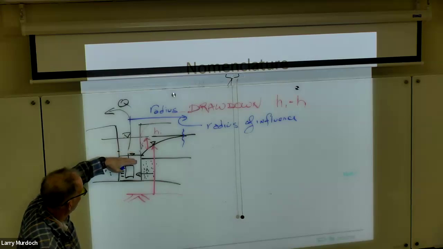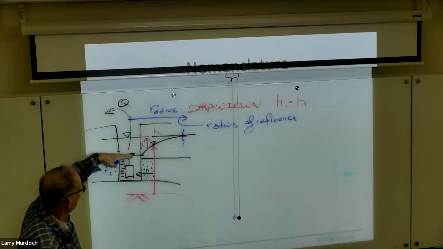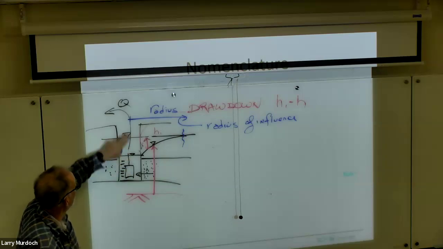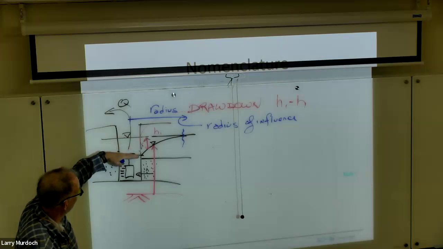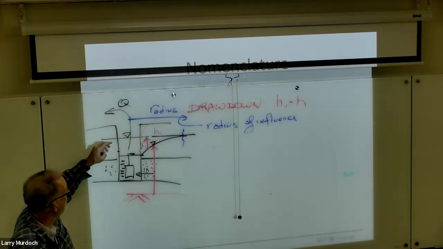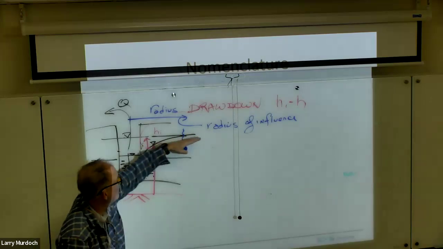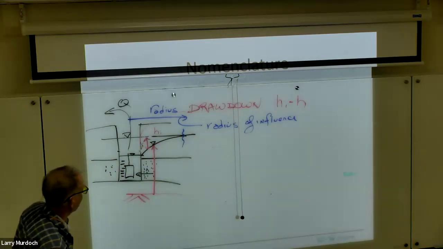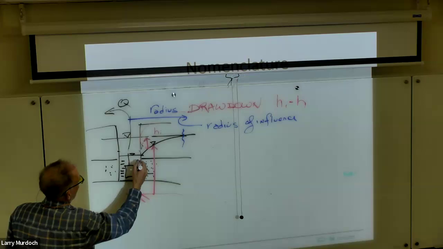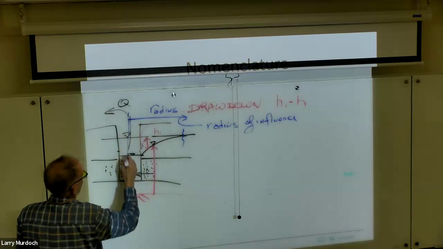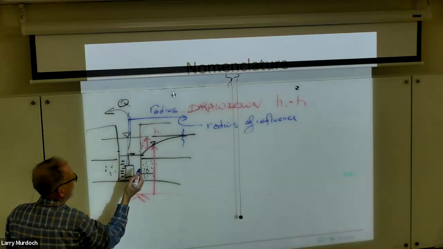The water level in the well may drop, actually. It depends. If we're pumping at a constant rate like this, then the water level will continue to drop, and this will continue to expand. Okay, so this has got radial symmetry.